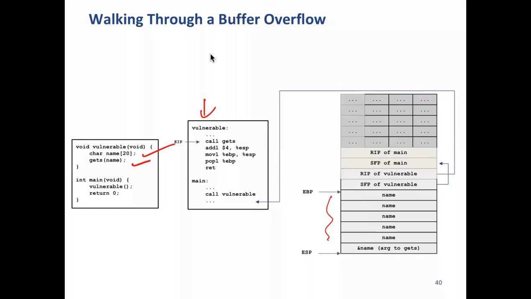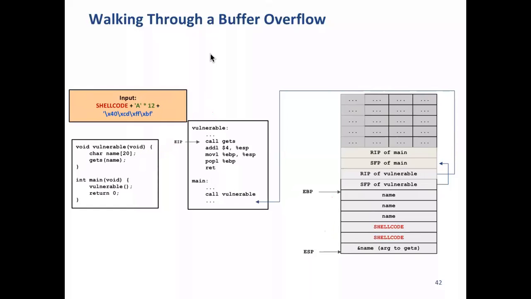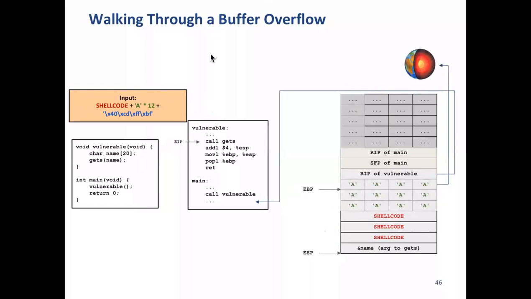So you can see that the shellcode is 12 times A and some address. The shellcode will come here, and then A. So first shellcode and then A. Now 12 A's will come, so these A's will get overwritten.